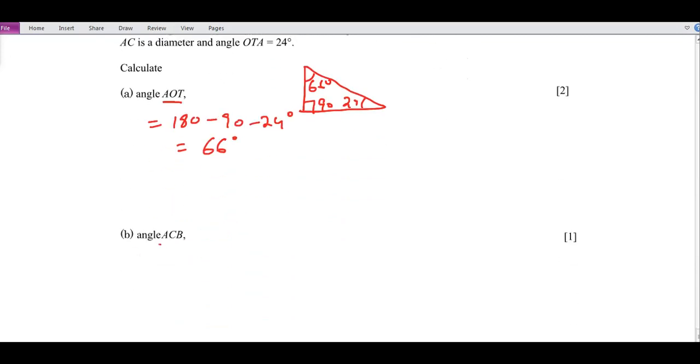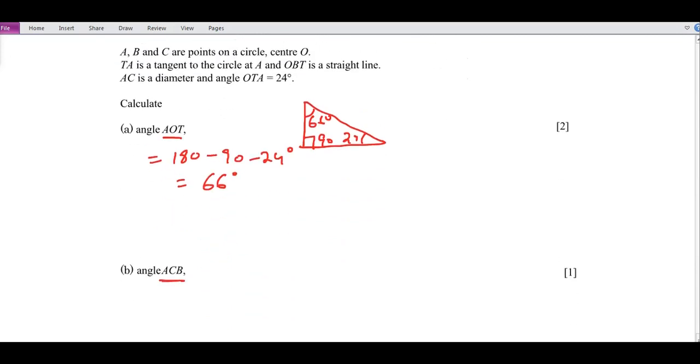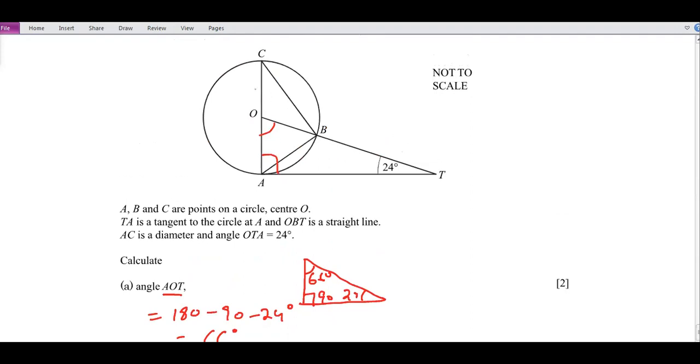And then calculate angle ACB. Now where is ACB? This one. ACB is made by the chord AB. You know the angle by the chord on the circumference is half of that at the center.